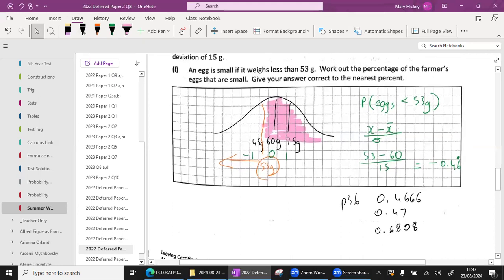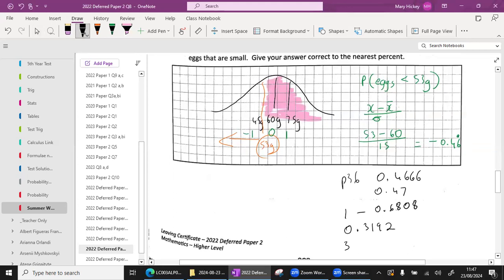So all we do now is 1 minus that number, and that will tell us what is in the section we're actually looking for. So we're getting 0.3192. And it says, give your answer to the nearest percentage. So it's going to be 32%. So we expect 32% to weigh less than 53 grams.